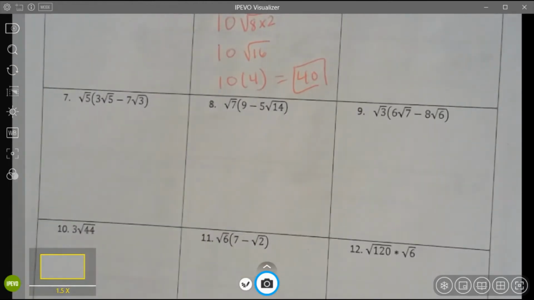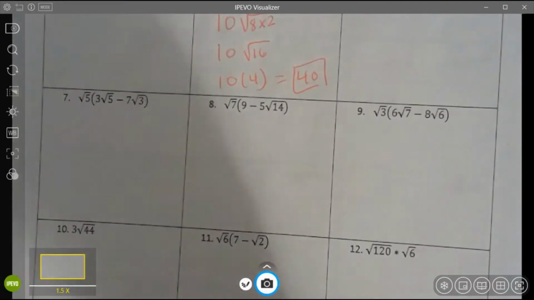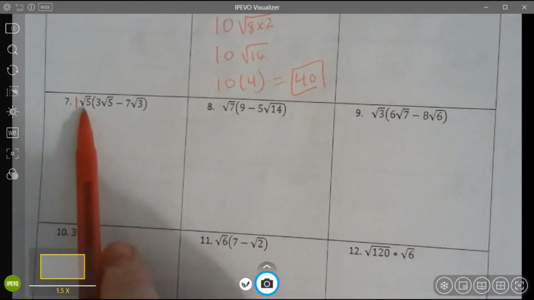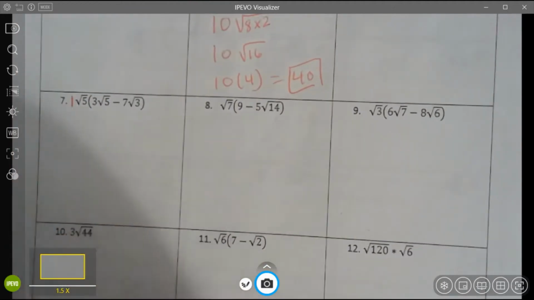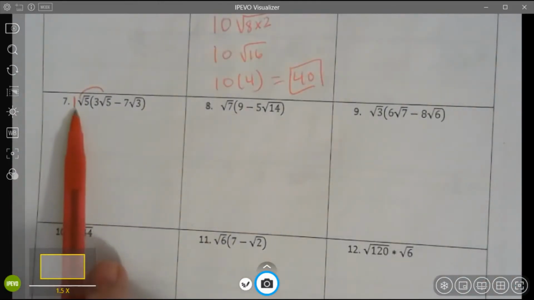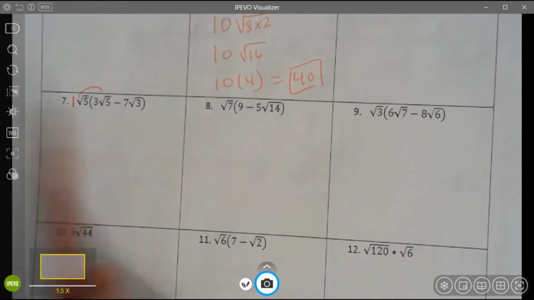But keep in mind, what's outside needs to stay with the outside, and what's inside needs to go inside. So let's put a 1 on the outside of the square root of 5, just so that we remember that it's there. So when I distribute this through, what's outside is the 1. So I'm going to multiply the 1 and the 3 together.